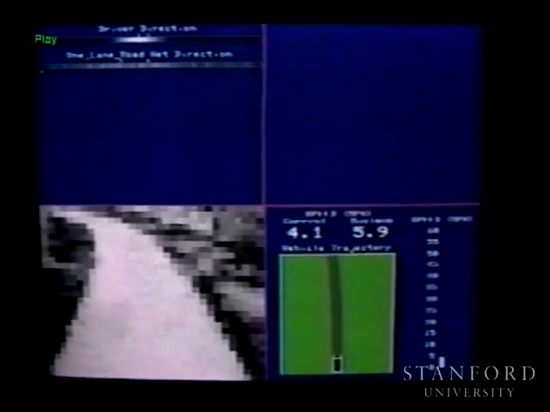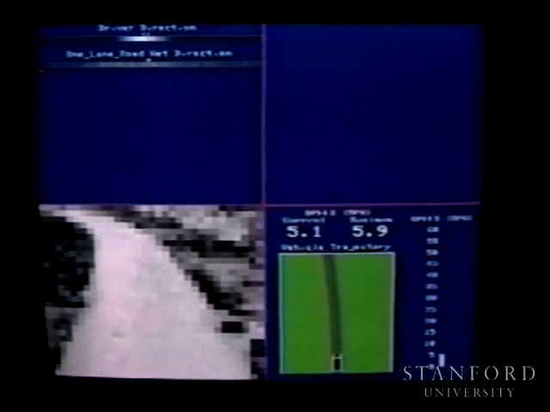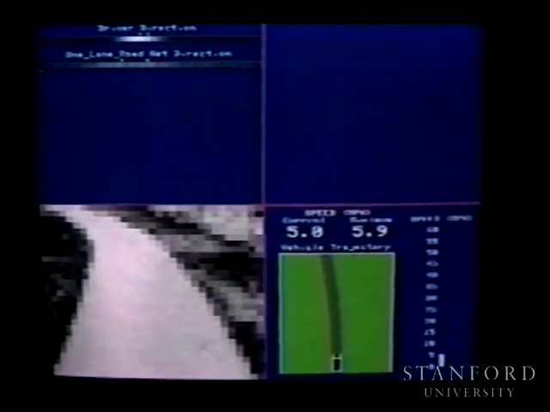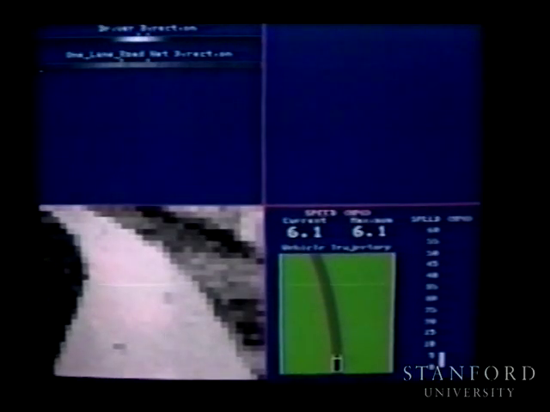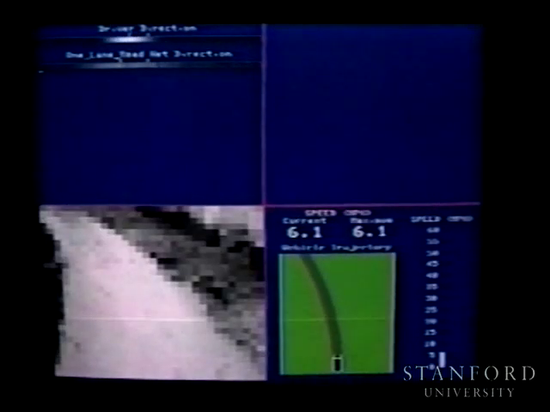Using the backpropagation learning algorithm, Alvin is trained to output the same steering direction as the human driver for that image. Initially, the network steering response is random.